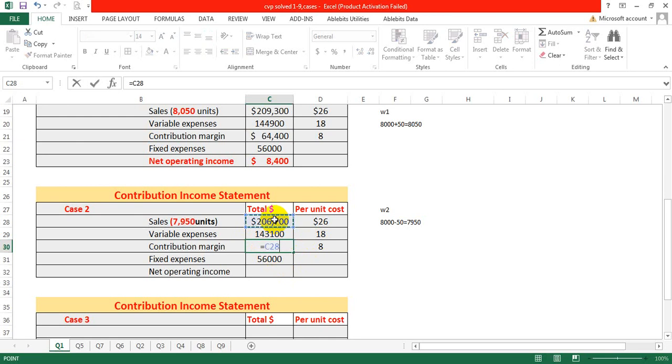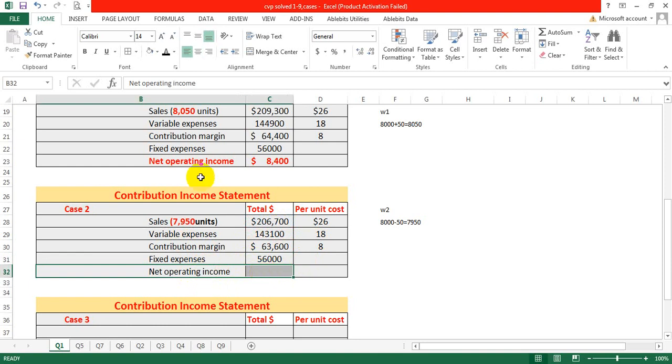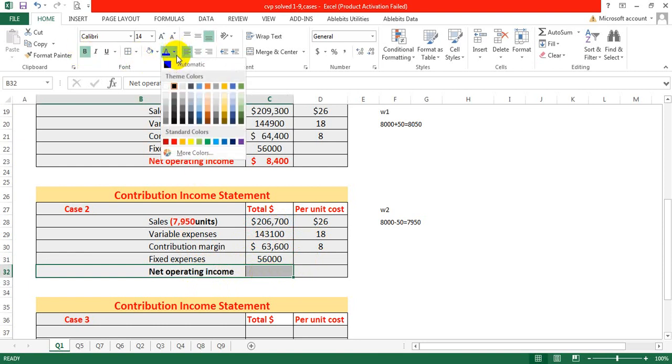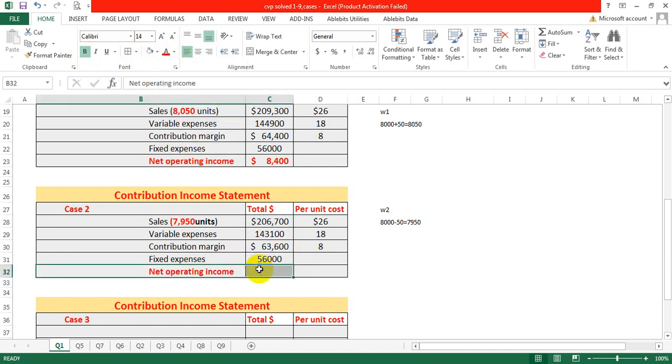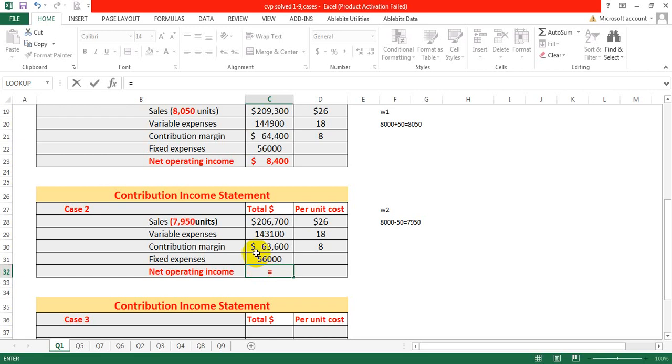How do I calculate the contribution margin? The sales minus variable expense, that is my contribution margin, right? So what is the requirement? We will calculate the net operating income. And how can we calculate it? Again, the contribution margin minus fixed expense. My net operating income in this case is $7,600 in case 2, right?